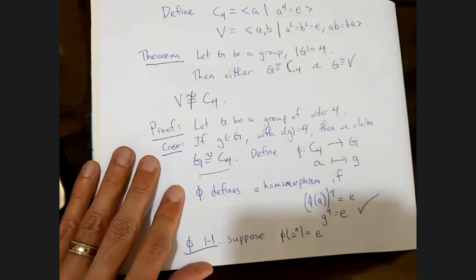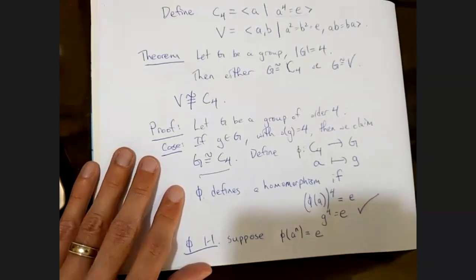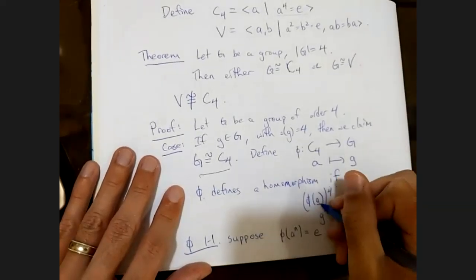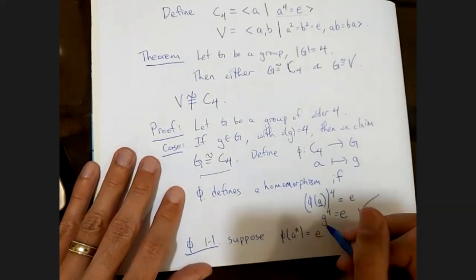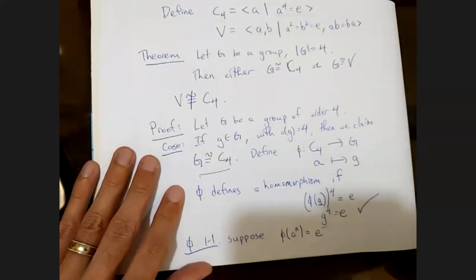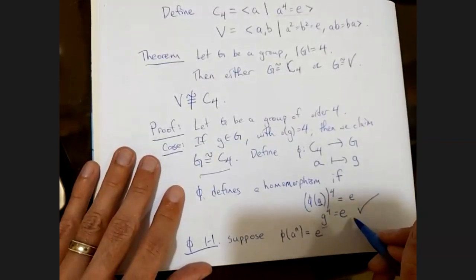Here, A is in C4 and G is in the group, and G to the 4th equals the identity.